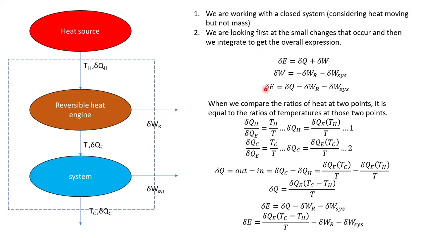Now, remember we said from this point here, del QE was del Q minus the work expressions. So I can replace that del Q with what I have here. So I can put that into this expression and I end up with this last expression down here. Right. So right now we're just substituting. We're just putting it back into the expression.